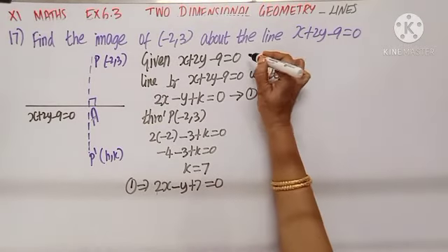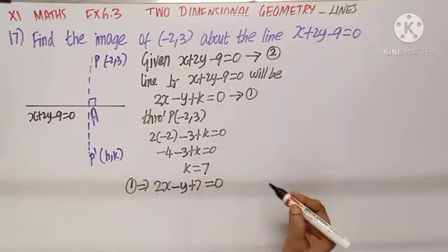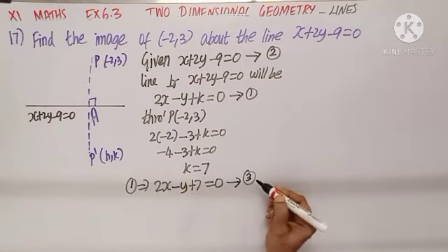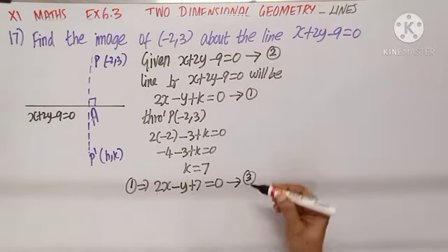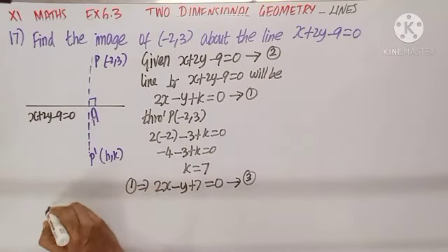The given line let me call number 2. The perpendicular line let me call number 3. Now 2 and 3, if I solve, I will get what is A.